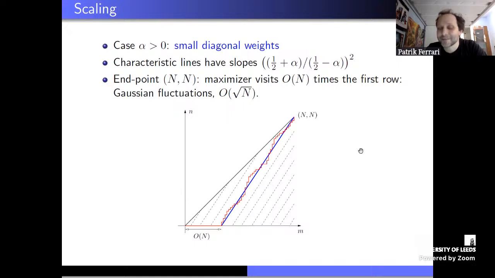So you also get Gaussian fluctuation of order square root of n. So in order to see something non-trivial, we have to take alpha close to 0. Otherwise, you see just Gaussian.